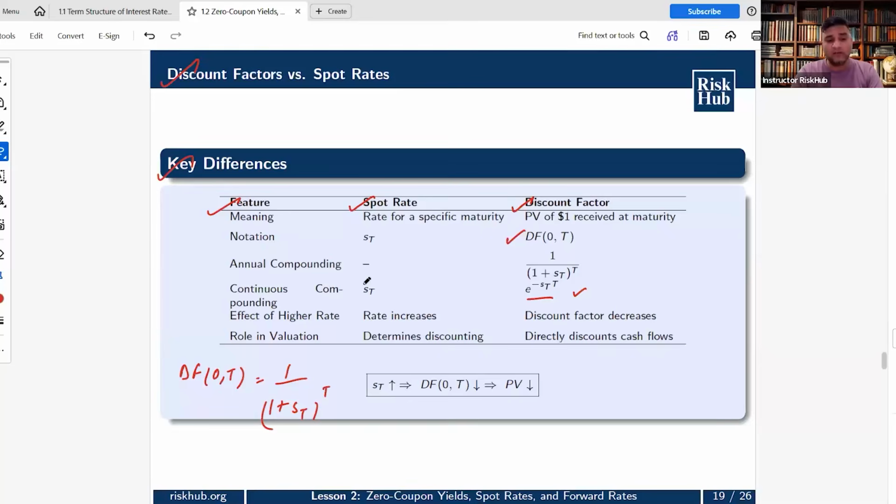Both convert one rate into one price. S_T up implies DF(0,T) down implies P down, right? The implication sign means implies, or leads to.